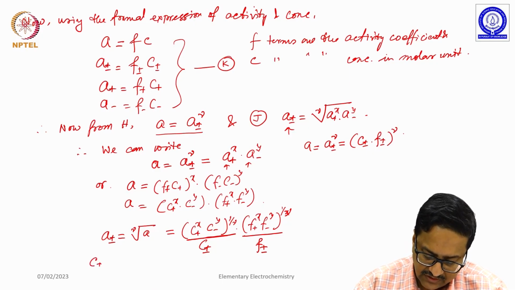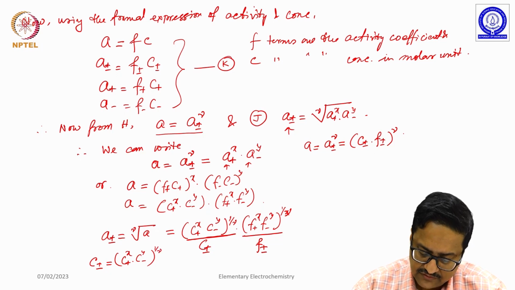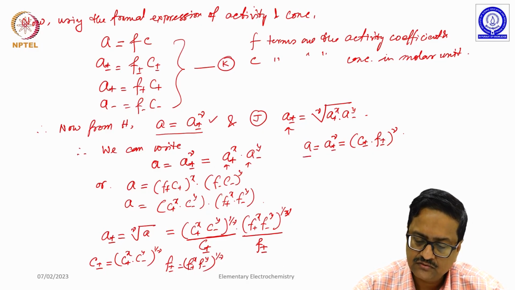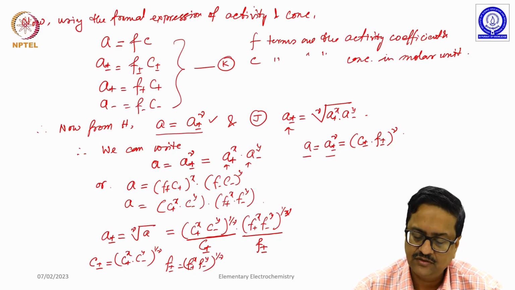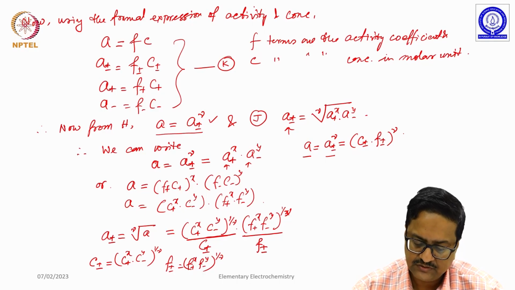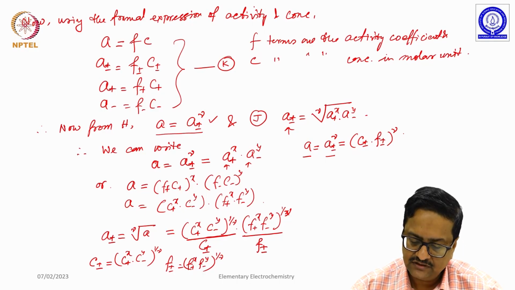We should write C plus minus equal to C plus C minus to the power x and y and to the power 1 by nu, and F plus minus is equal to F plus to the power x, F minus to the power y to the power 1 by nu. So, now we are using this equation A equal to A plus minus to the power nu, and A plus minus is nothing but this, which is C plus minus and F plus minus.